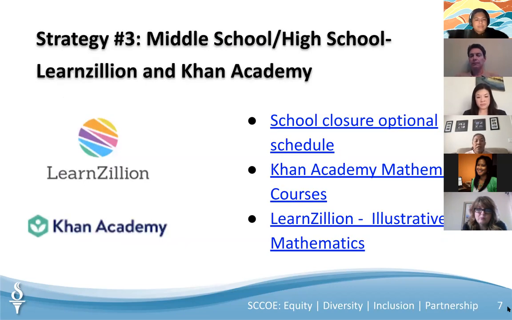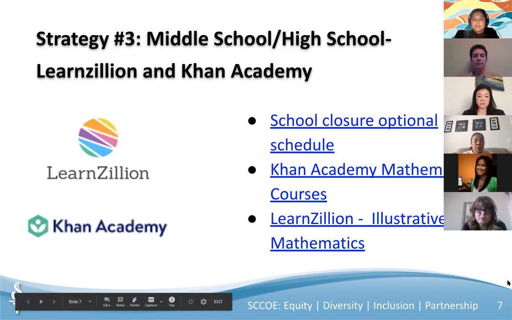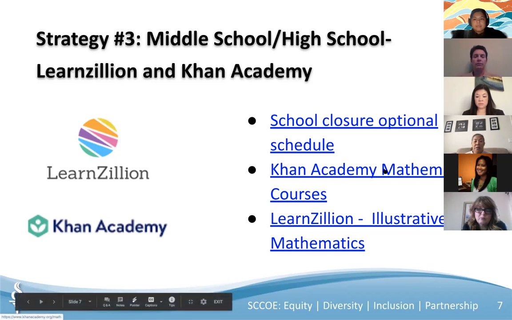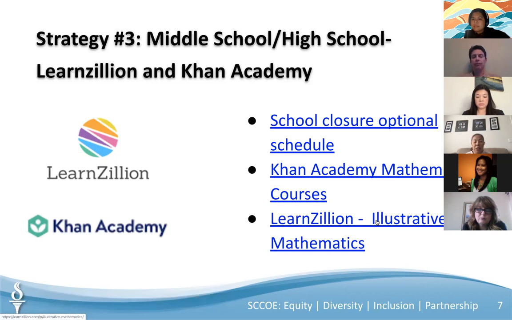All right, so for strategy number 3, we would like to share with you 2 additional robust online resources that can be used to engage our kiddos at home. These 2 are the Khan Academy mathematics courses and Learn Zillion. I know we've said illustrative mathematics, but Learn Zillion is also good for any curriculum that we're using in mathematics.